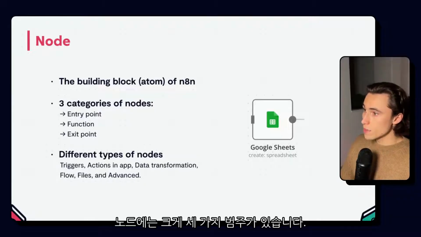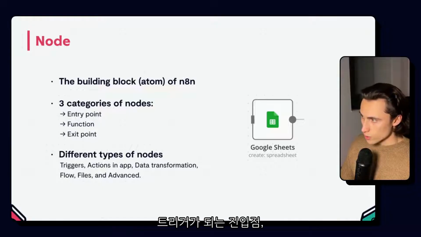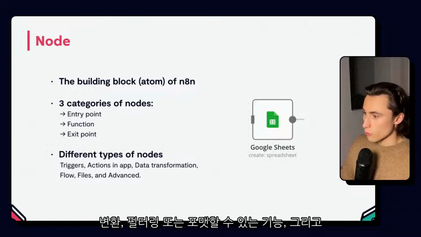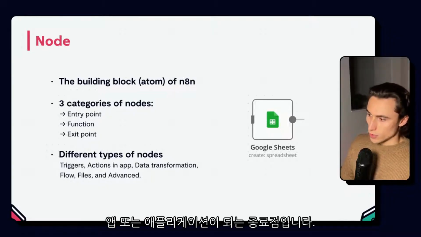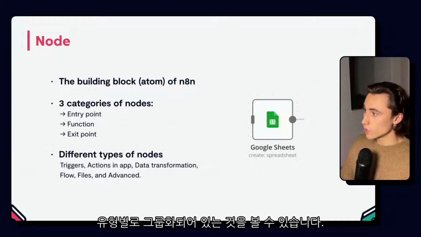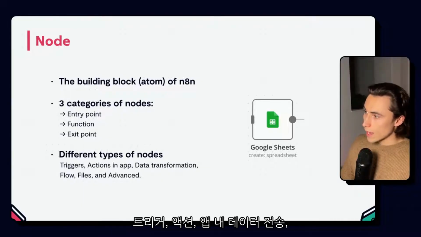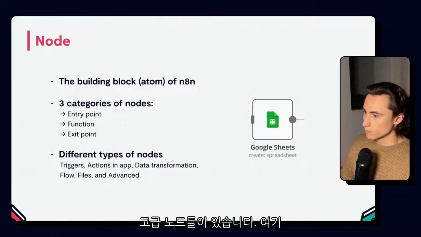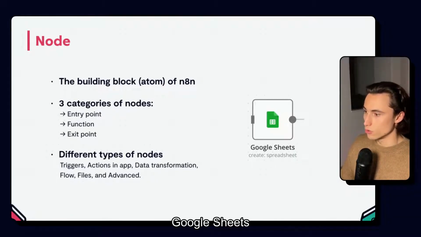There are 3 main categories of nodes: entry points, which are going to be your triggers; functions that allow you to transform, filter, or format data; and exit points that are going to be your apps or applications, as we mentioned before. In n8n, you will find them grouped by type when adding them to the canvas: triggers, actions in-app, data transformation like filter, flow, files, and advanced nodes. Here we have an example of the Google Sheets node.